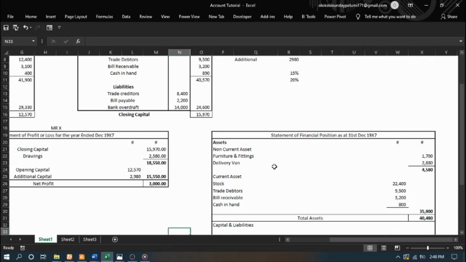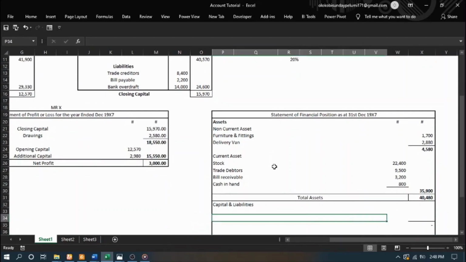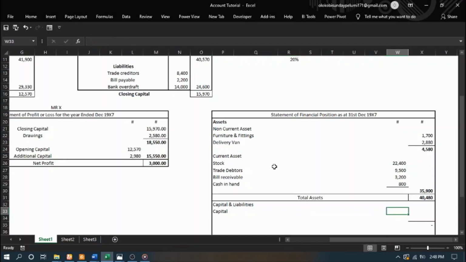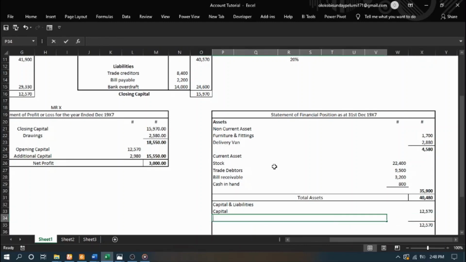Alright, let's move to capital and liabilities. So capital, the opening capital of the business. So what is the capital of the business? The opening capital is 12,570. That is capital at the beginning. It does have additional capital in the period.